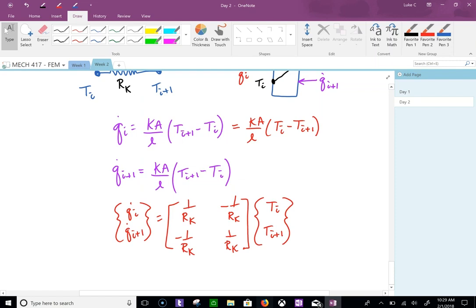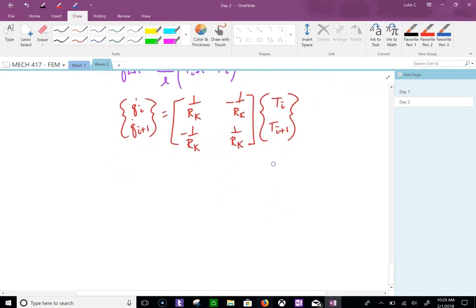So let's just have this in your notes. We're going to build this big stiffness matrix. This is a continuation of the same problem.